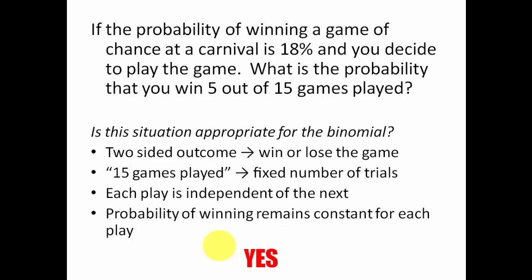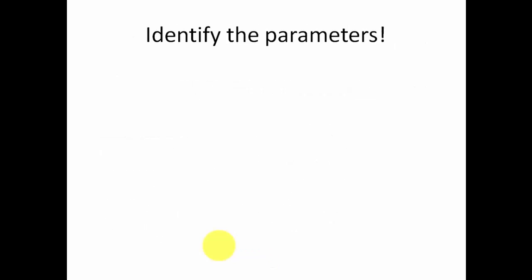The moment I think I'm going to use a binomial, I start to case out what is n, p, and x. In other words, identify the parameters of this problem. Well, in this problem, we have 15 tries, or 15 plays of the game, so that's n. The probability of a success, little p, is 0.18, and I guess it kind of goes without saying here that a success is winning the game.